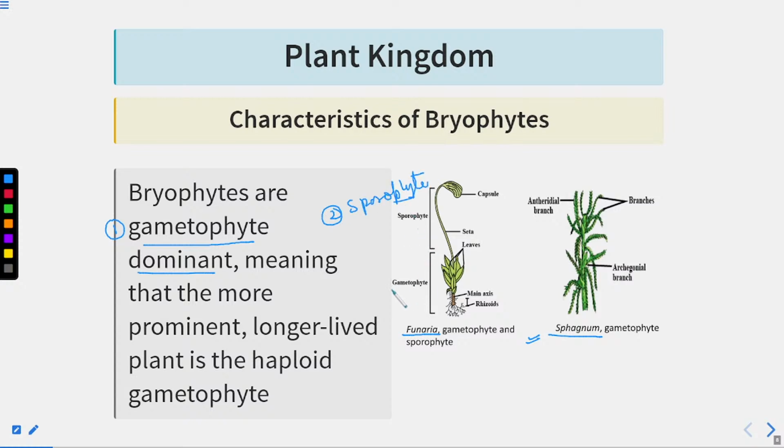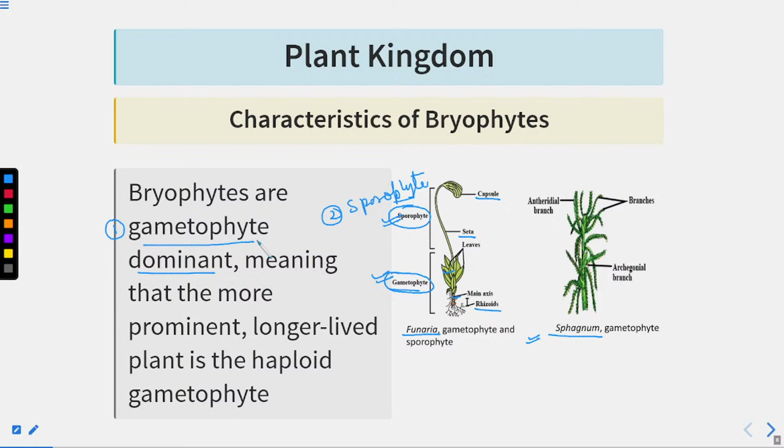In the figure you can see the leaf, the stem-like structure and the rhizoids, that is, the root-like structure. This shows the gametophytic structure, right? And if you see the structure above, it has the seta and capsule, which constitute the sporophytic structure.